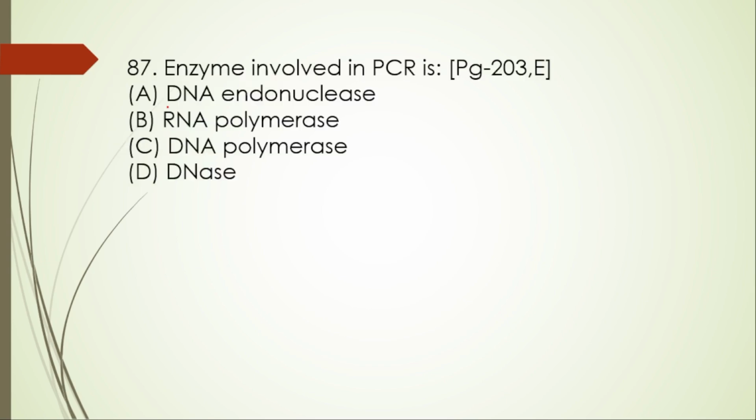Next, 87th one. Enzyme involved in PCR is DNA endonuclease, RNA polymerase, DNA polymerase, and then DNase. So here the right option is DNA polymerase. So C is right.